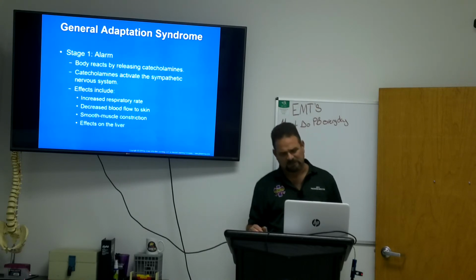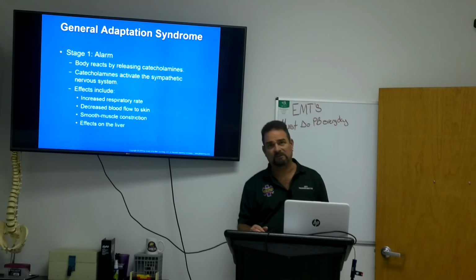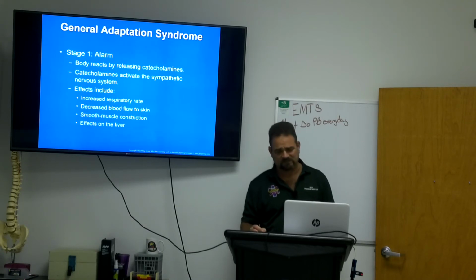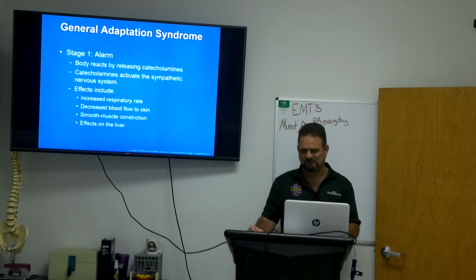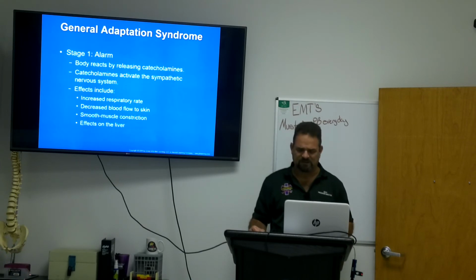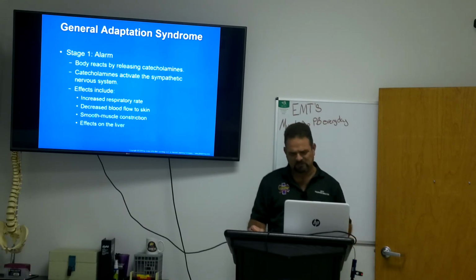Alpha receptor activation results in vasoconstriction, and beta receptor activation results in increased heart rate, increased force of contraction, and increased conduction velocity. Other effects include increased respiratory rate, decreased blood flow to the skin, smooth muscle constriction, and various effects on the liver to increase the body's use of glucose.